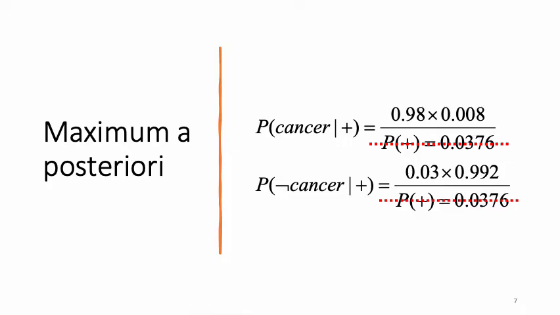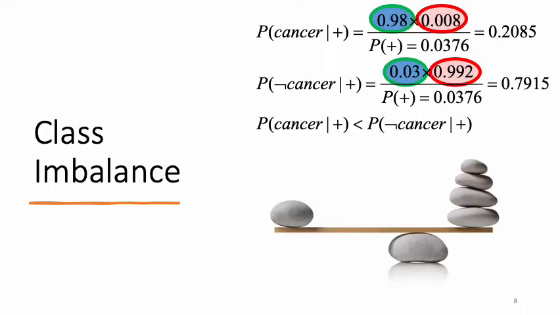At this point we need to mention another minor revision. Since Bayes' theorem is used here for classification, the denominators for all classes are the same and therefore can be ignored. This type of estimation is called maximum a posteriori. Looking at the values circled in green, it can be said that the test used for diagnosis is quite successful. However, the algorithm did not trust the success of the test and predicted the opposite class.